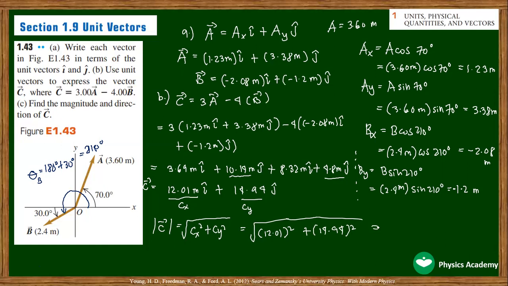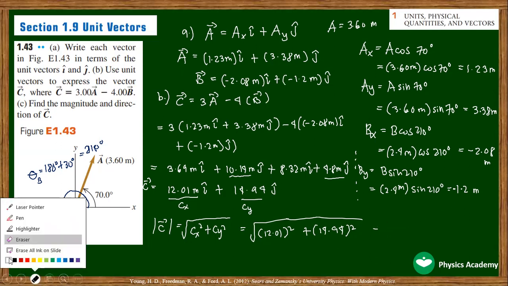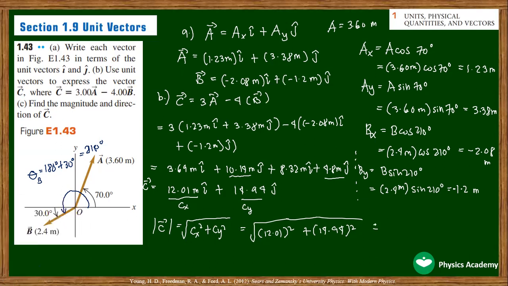Let me check again. Our magnitude is 19.17. So this is equal to 19.17 meters. We forgot the unit, so meters.